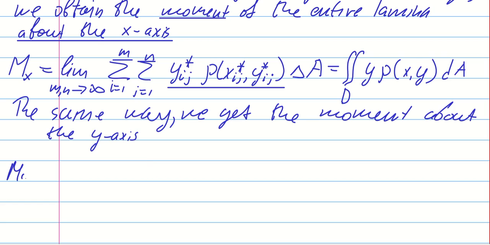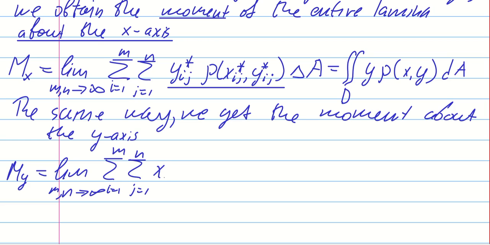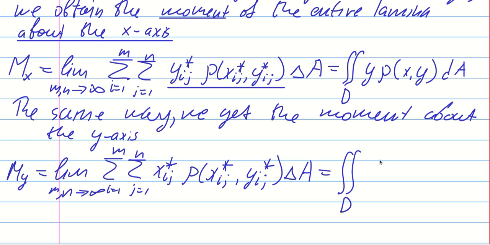So we say M sub y is the limit as m and n go to infinity of the sum as i goes from 1 through m and the sum as j goes from 1 through n of x sub i j star, rho of x sub i j star, y sub i j star, delta A, which is equal to the double integral over the region D of x times rho of x and y dA.